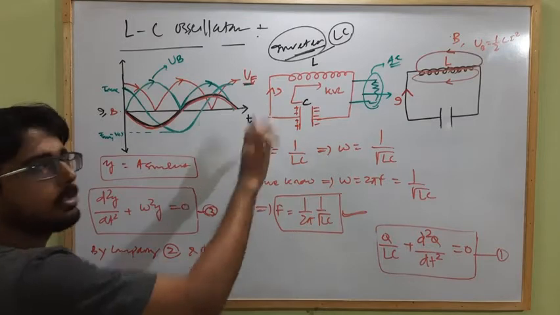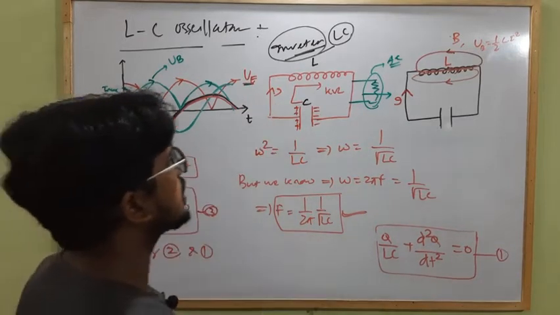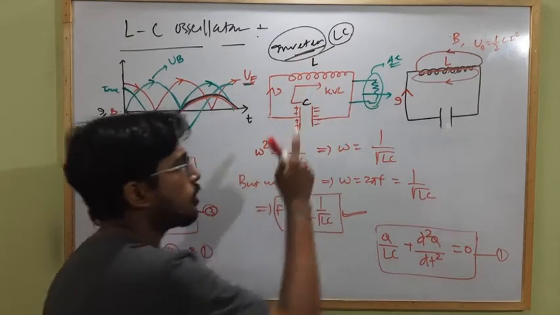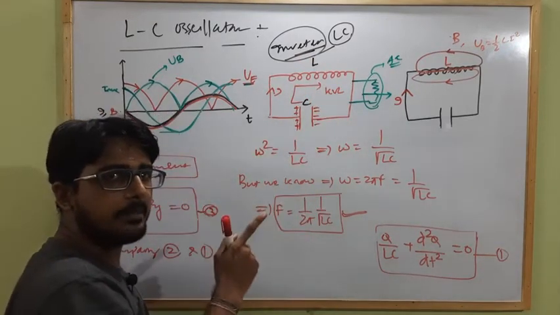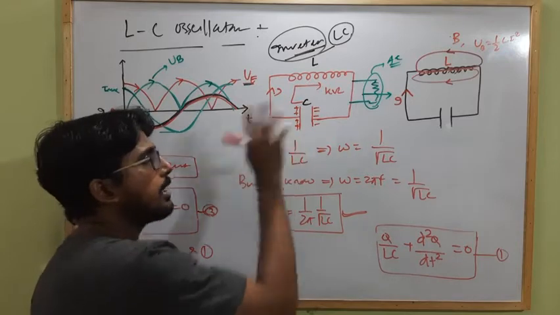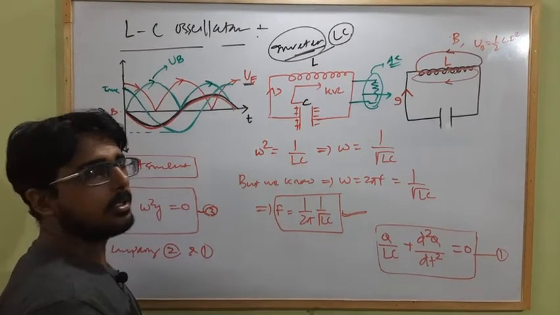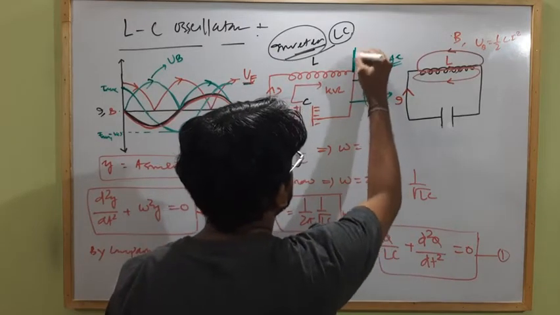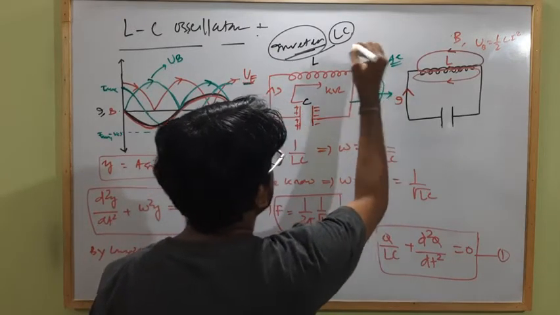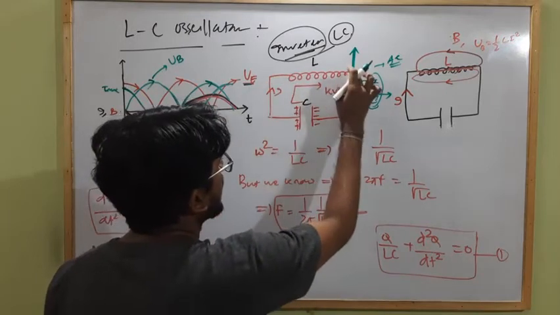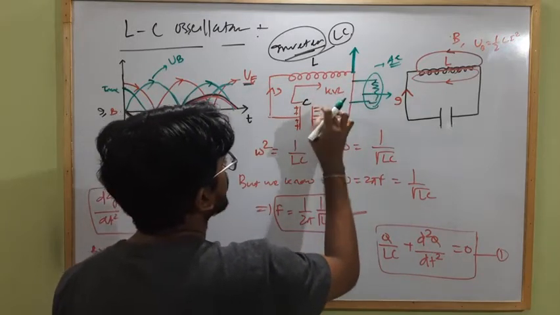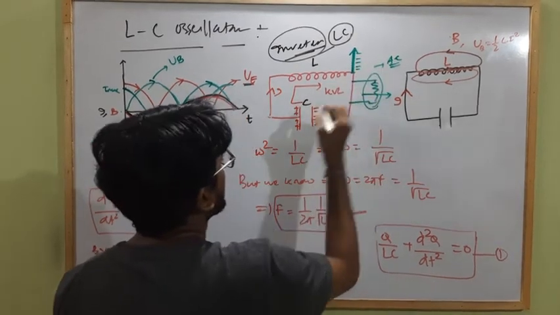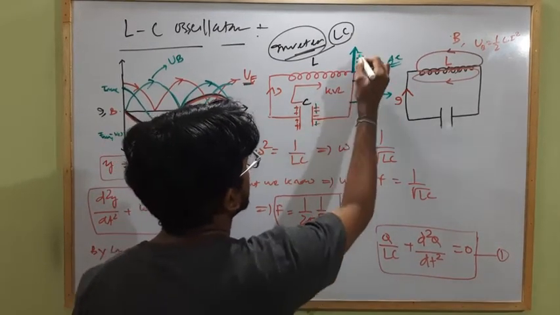Then another important use of the LC circuit is what? As we already discussed, this circuit is able to produce electric field and magnetic field both, but in opposite direction and alternately. So if I attach an antenna here, then across this antenna, when the current is flowing along this direction or the plate is negatively charged, the antenna will get negatively charged, and when the plate gets positively charged, it will get positively charged.